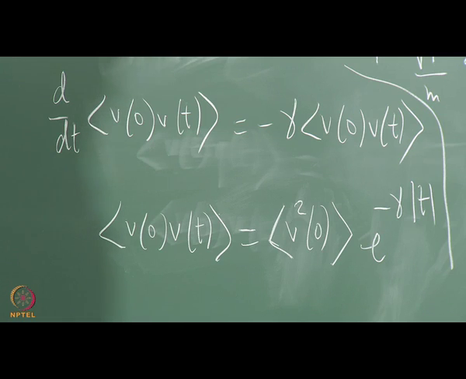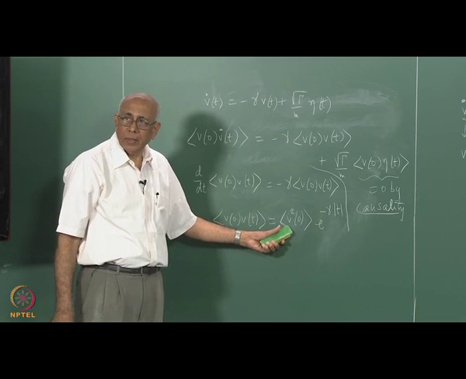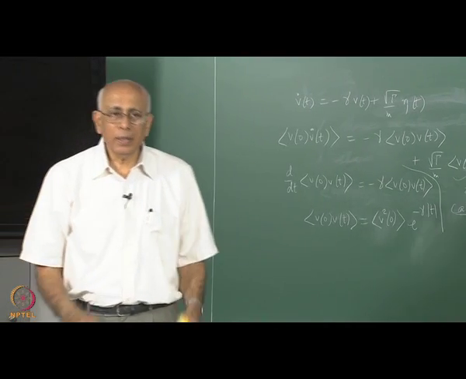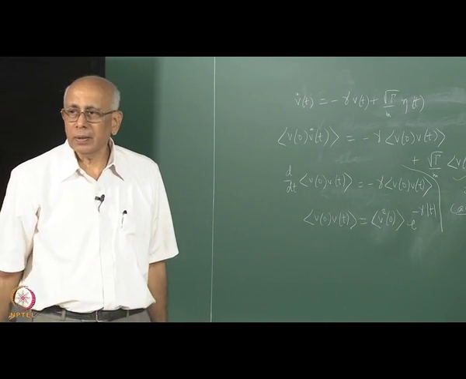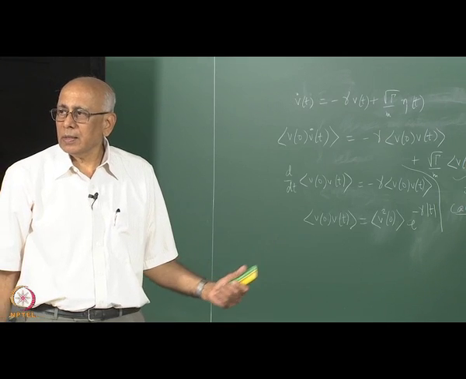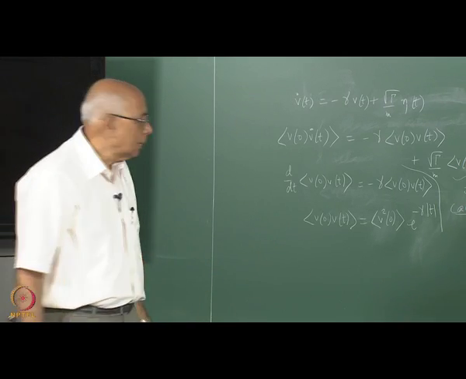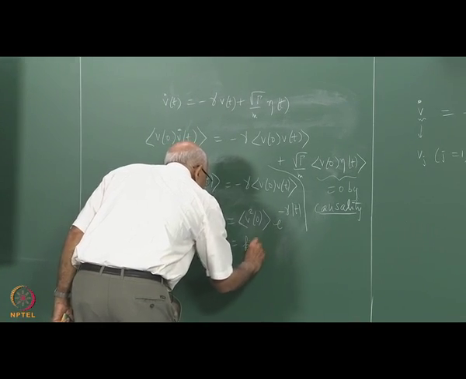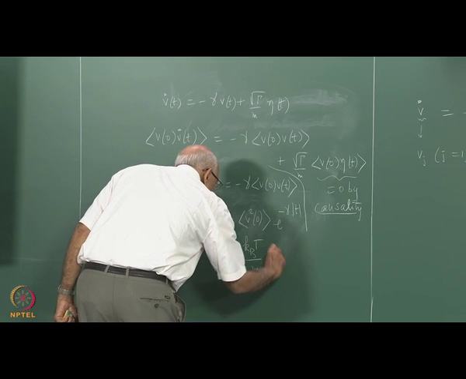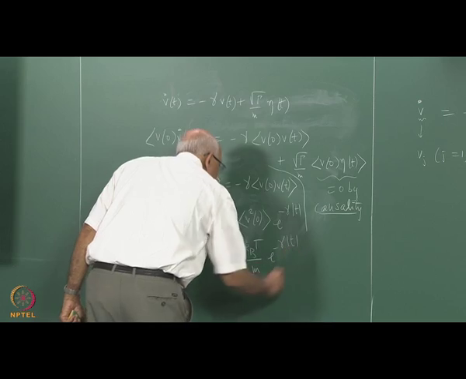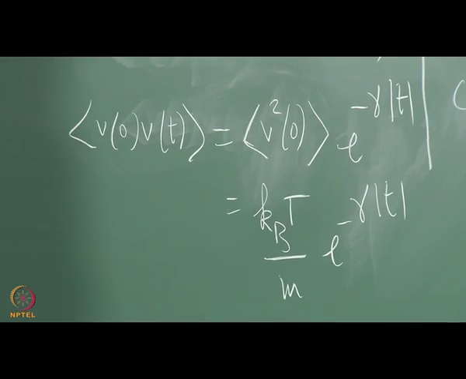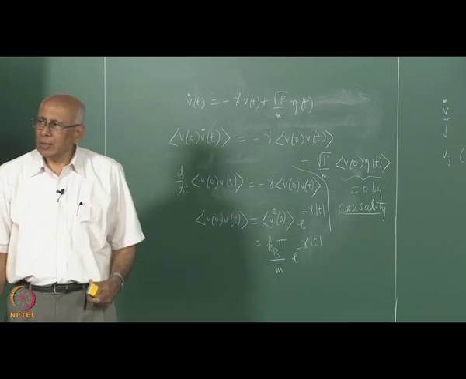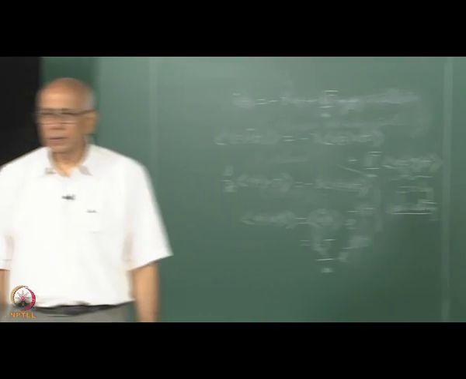Okay. And this quantity is now determined from equilibrium. The fact that in equilibrium in the Maxwellian distribution, this quantity is just kT over m, right. So even without explicitly solving the Langevin equation, you can actually find what the correlation function is. Okay.